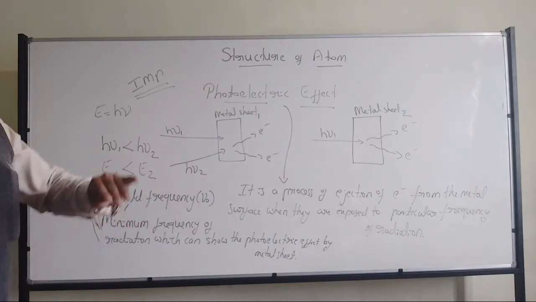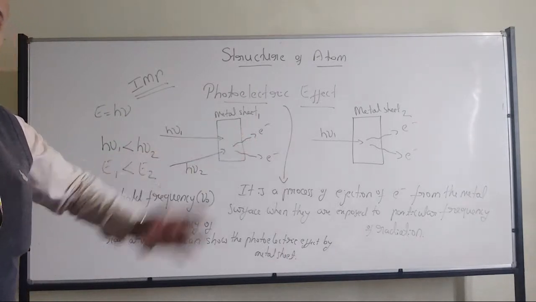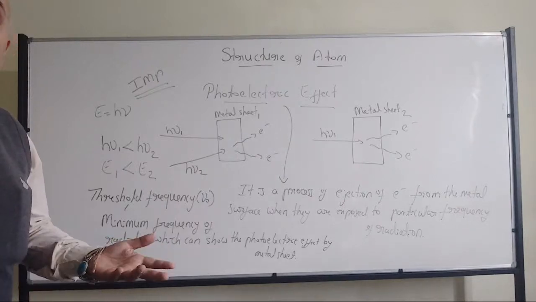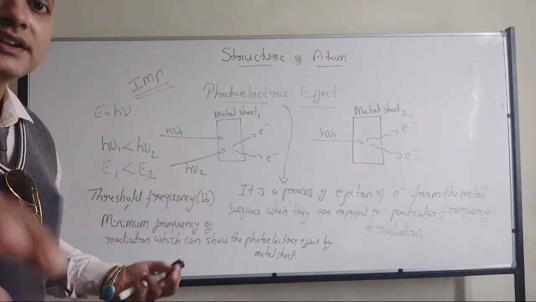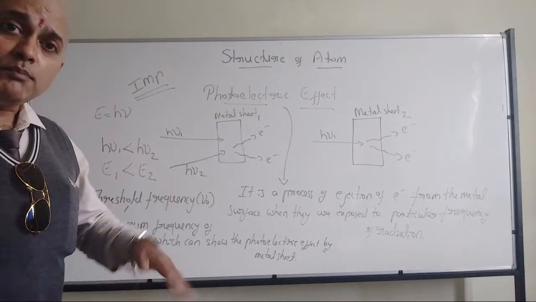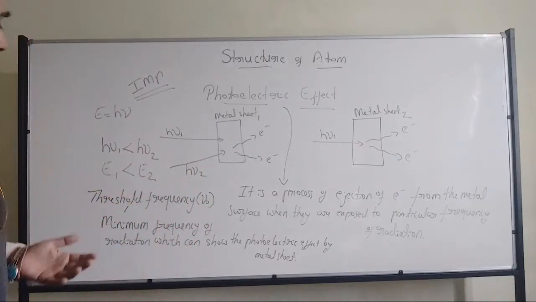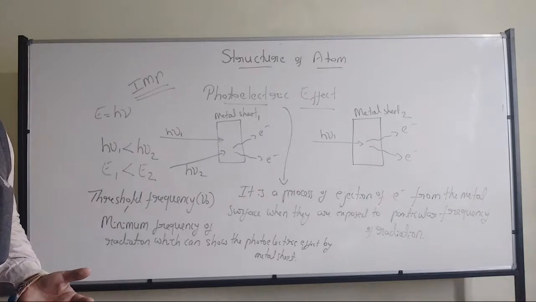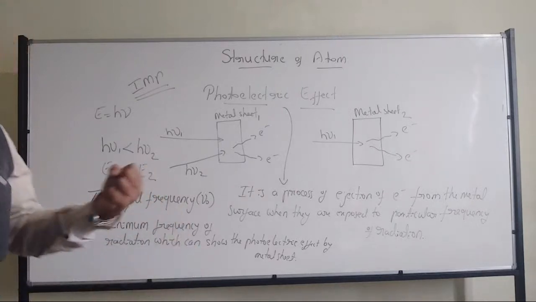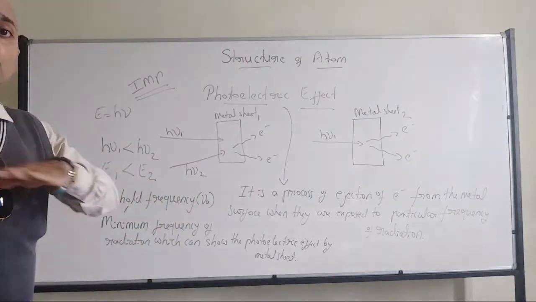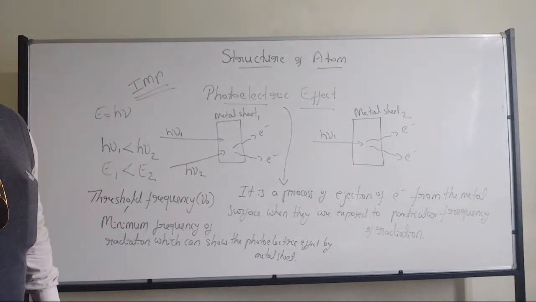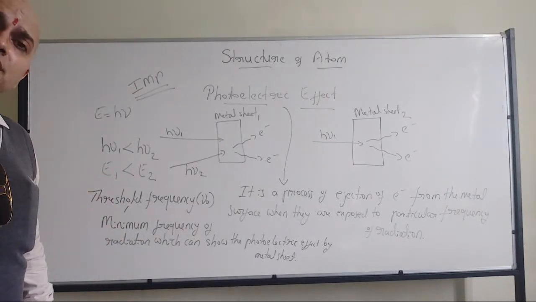Okay? So anything above the threshold frequency, definitely it will have the photoelectric effect. But anything below the threshold frequency, no photoelectric effect can be observed. All of you have understood?